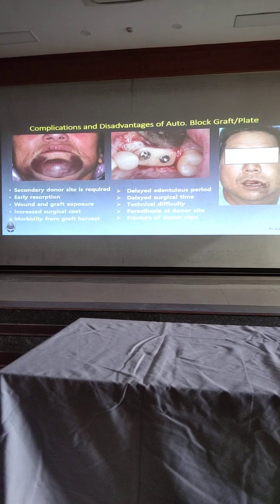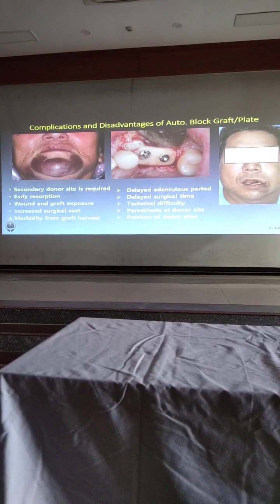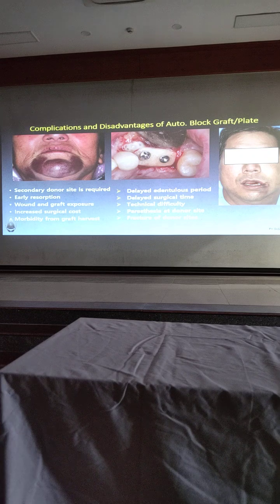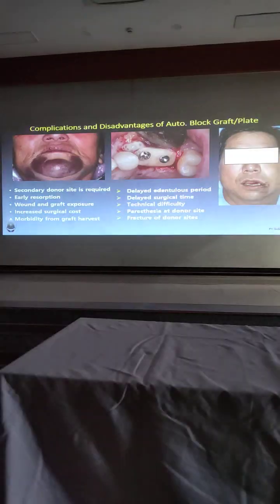From the practice point of view, autonomous of Blackburn can be the first choice for the recovery of large bone defect, but from patient point of view, they are not easy to accept these aggressive procedures.